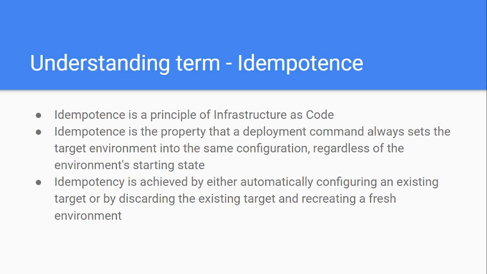Now the most important term which makes Ansible unique is idempotence. So what is idempotence? Suppose using any script, I try to create a file and append something into it. Suppose I am writing a script that writes: this is line number 1.